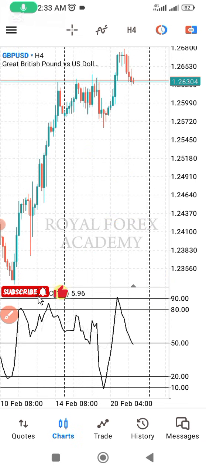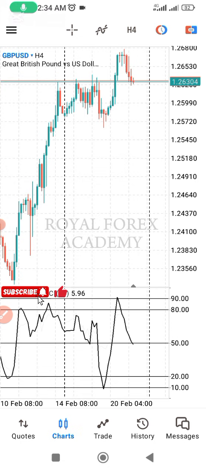So what this tells us is that anytime you see divergence, it shows that a reversal is about to happen. That is all you need to know about what divergence is all about.